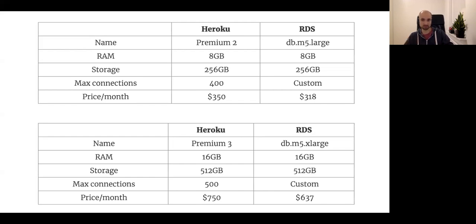They are hard-coded, you cannot modify them. So it's entirely possible that you will start bottlenecking on the maximum number of connections when you use Heroku, while your hardware, your RAM and CPU, could still handle more clients. You will be forced to upgrade your Heroku plan, not because you are missing the hardware, but only because you are missing the config setting that Heroku does not let you tweak.